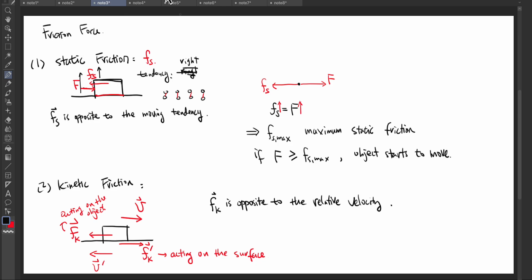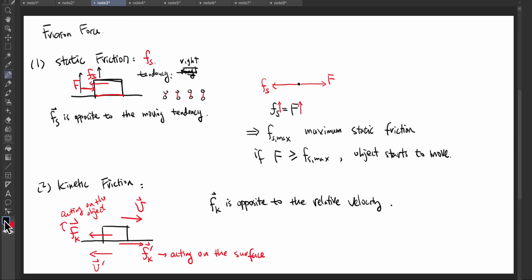Now let's talk about how to calculate the static friction and also the kinetic friction. We already mentioned using the object staying at rest to calculate the static friction. So static friction is equal to F, right? Equal to the pushing force that we have here.